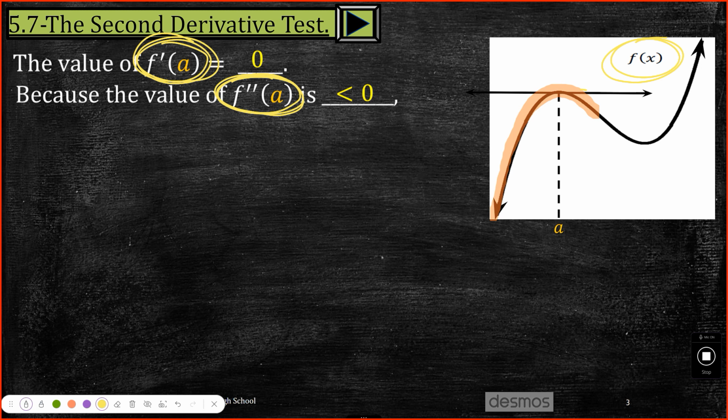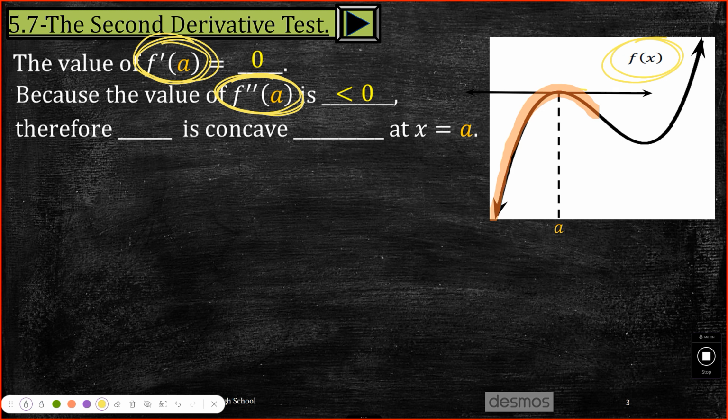Less than 0. So because the value of f double prime at a is less than 0, therefore, blank, is concave blank at x equal to a. Therefore what? We said that it's concave down.